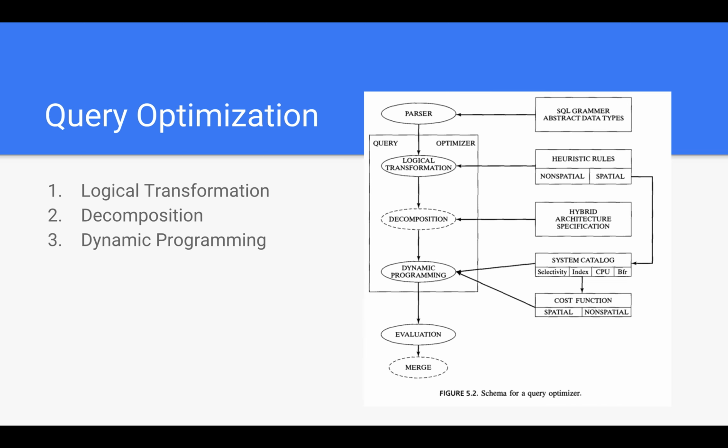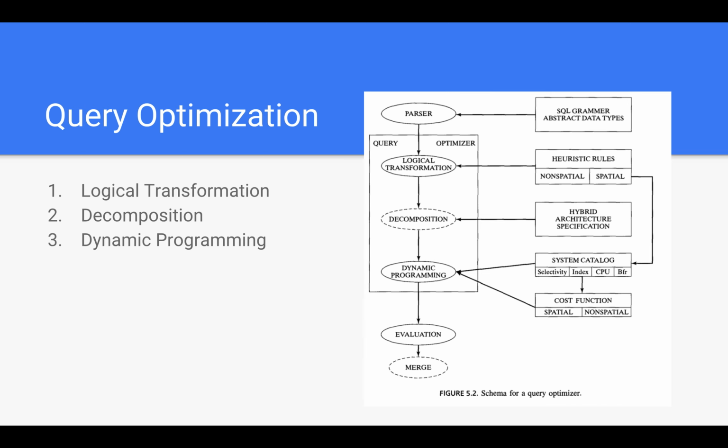The second one is called decomposition, which will tear the subqueries apart, or separate the spatial and non-spatial data. And the final step is called dynamic programming. So we need to compute all the possibilities of our result and find the most efficient one. In order to avoid duplicate states, we use dynamic programming to cache the states we already visited.